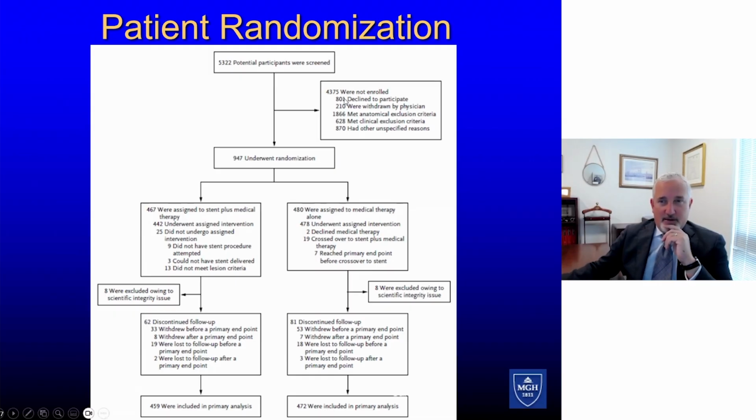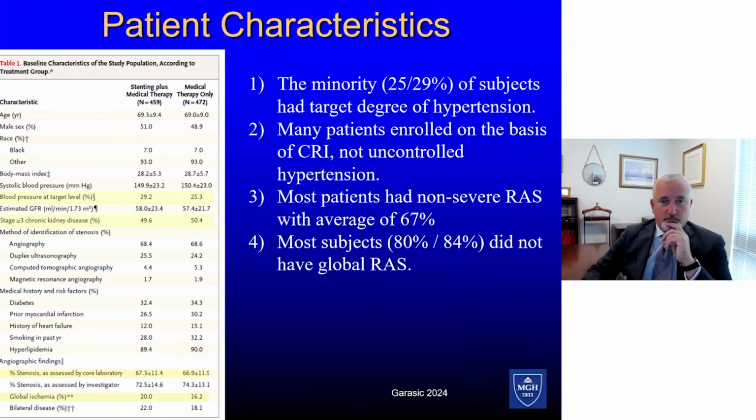And you can see up here, 801 ultimately just declined to participate, or 200 of them withdrawn by the physician. Were those the ones with the kind of worst renovascular disease who might have gleaned the most benefit? That we don't know. So the primary outcome here, I'll show you.